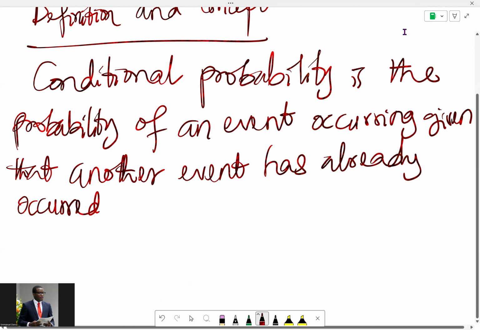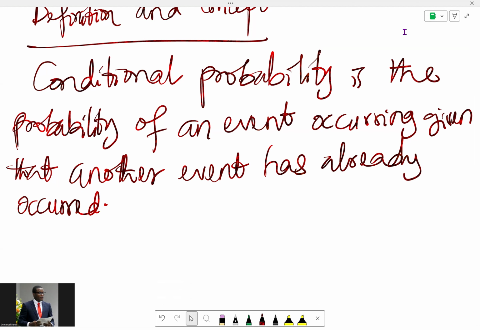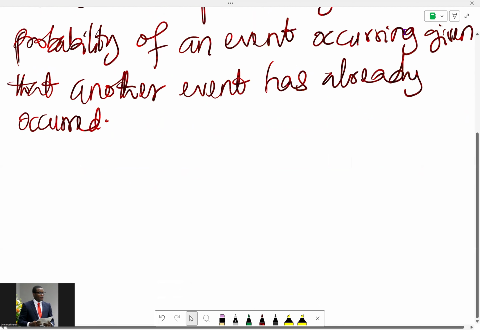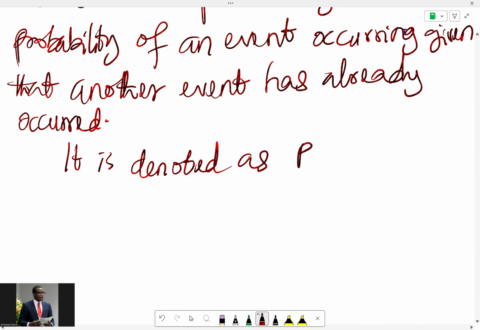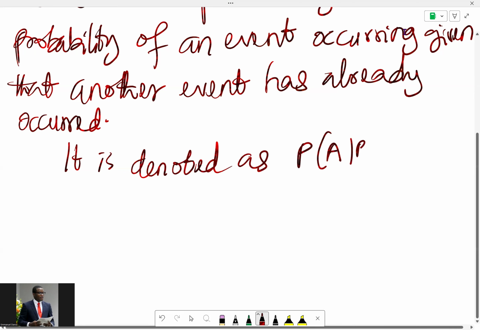So this bears a bit of resemblance with dependent events that we considered in the second video, but we are going to see how this one is different from that. Conditional probability is denoted as probability of A given B, so the probability that A occurs given that B had already occurred.